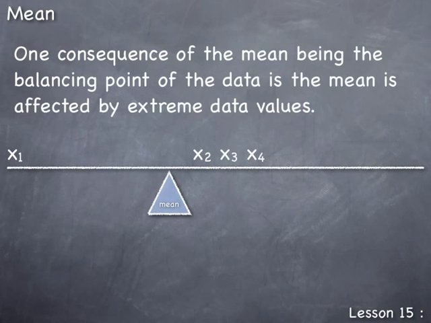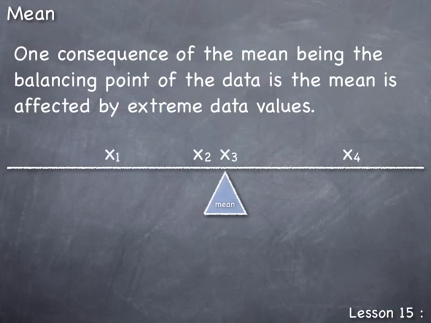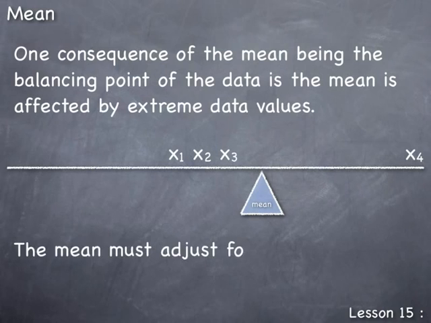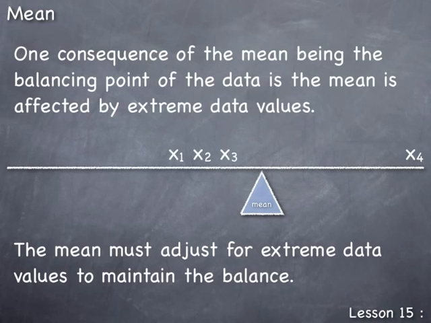Also, if the maximum data value was extremely large, that is, it deviated much farther than all the other data values, the mean would have to compensate for this much bigger data value to keep everything in balance. The mean must adjust for extreme data values to maintain the balance.